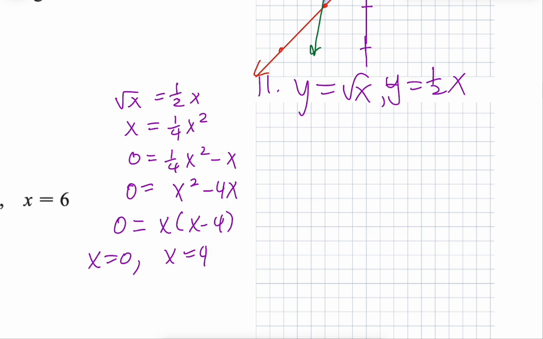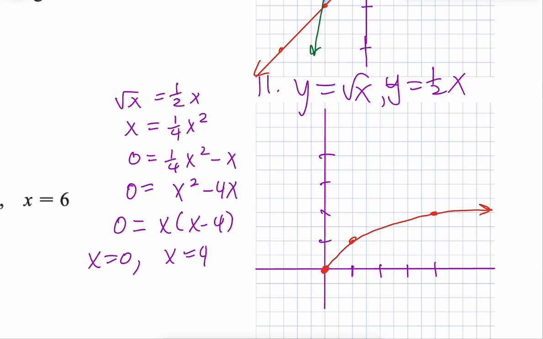Thank you, much better. Okay, so when we draw this, I want to really stretch out that 4. So I'm going to go 1, 2, 3, 4. I want as accurate, nice pictures as you can. Now, we know the square root goes through 0, 0, 1, 1, and 4, 2. So let's draw that and make it as nice as you can.